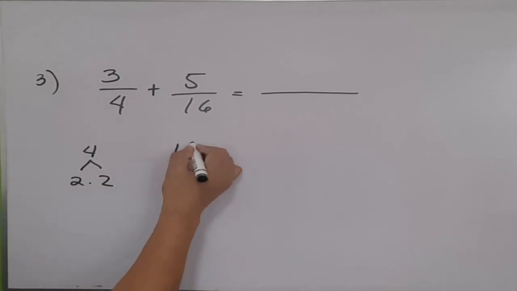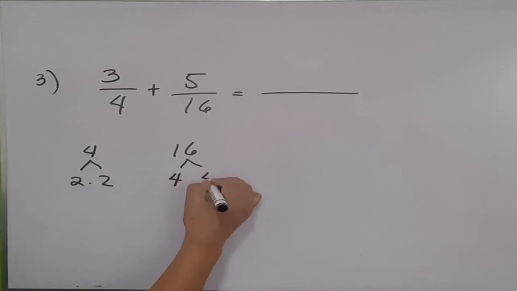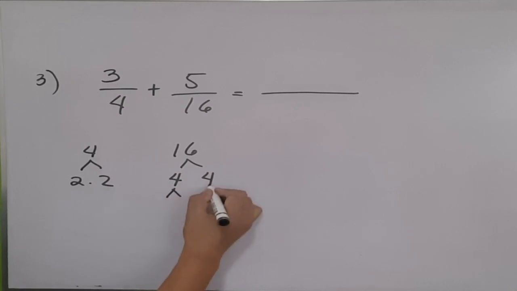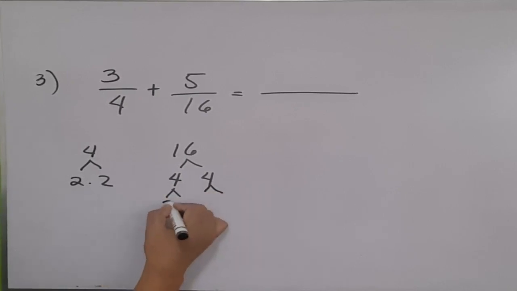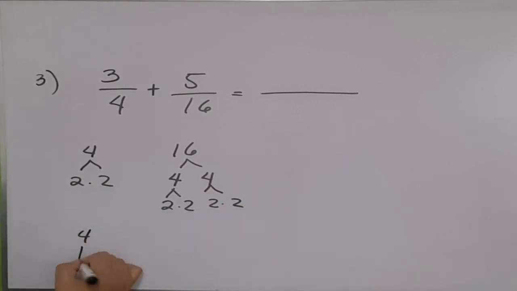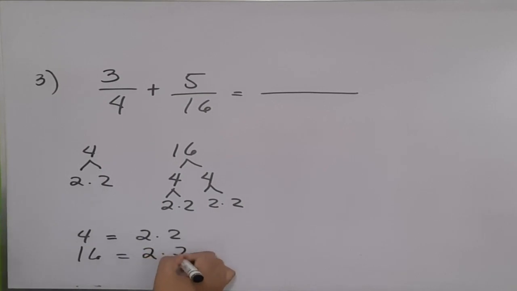At factors of 16 is 4 times 4. And then, we factor further. 2 times 2, 2 times 2. So, ang LCD ng 4 and 16, LCD is 2 times 2. Pag hila-hilarahin natin magkakapareho, 2 times 2 times 2 times 2.